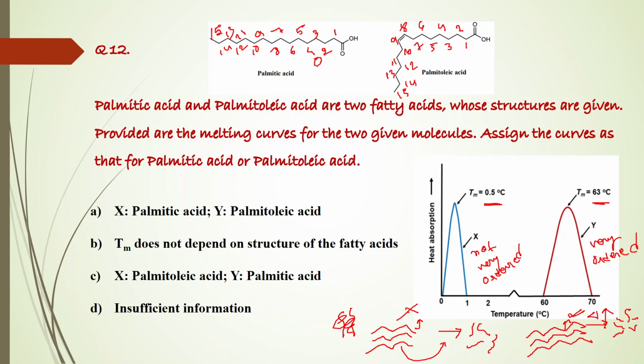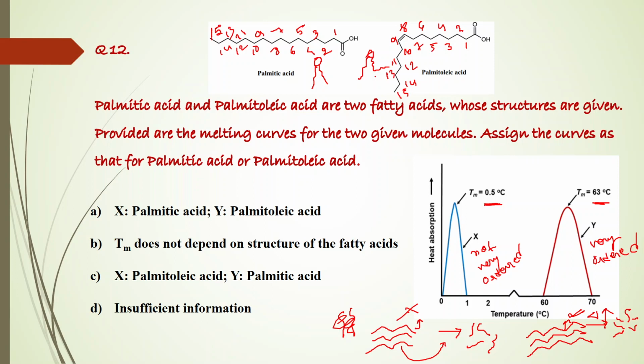In this case, the fatty acids look like this. But due to this kink, here the structure will look something like this. That means whenever you try to arrange these fatty acids in the bilipid membrane, they will not be properly arranged. That means the crystallinity would be very much less.